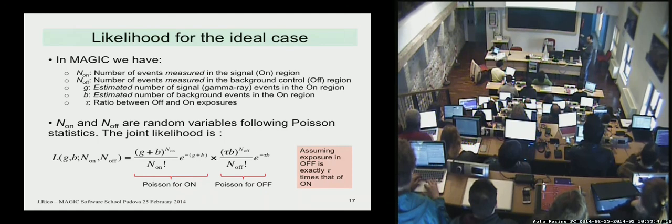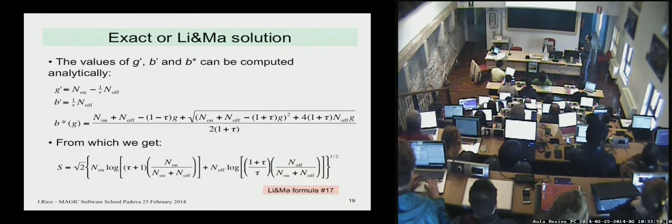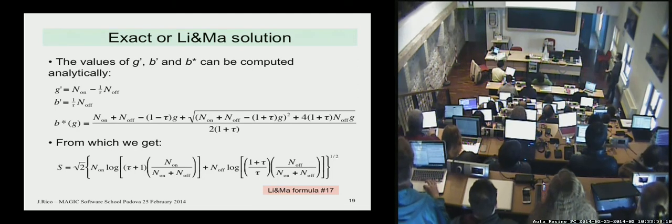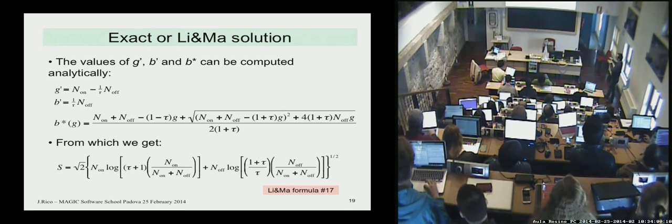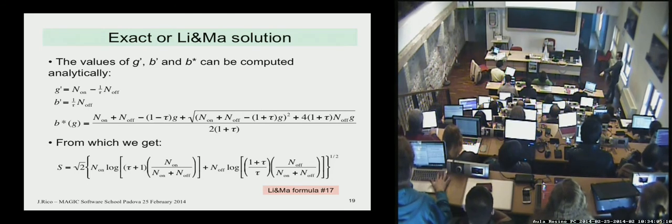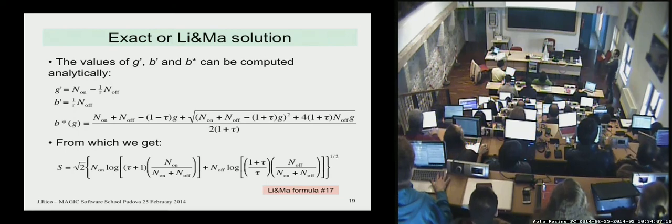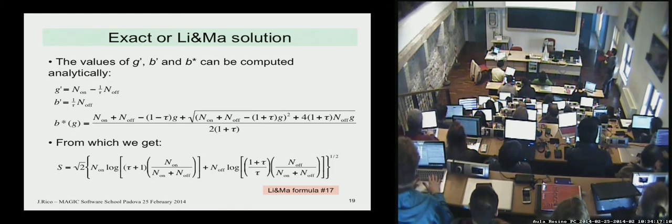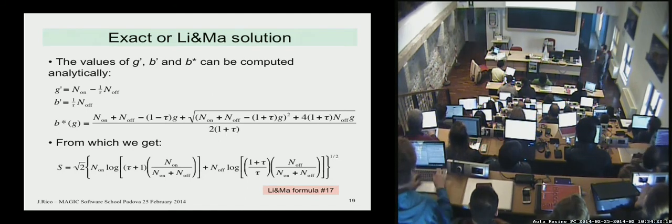You can differentiate this formula, and you do it with care, because it's a big formula and it's tedious, but it's trivial to do, let's say. Now you introduce all these values into the formula of the profile likelihood ratio. Take the -2 log and the square root, and that's the definition of significance. Okay, and when you do so using these values, then you get for the significance this formula, and this formula is Li and Ma formula number 17.